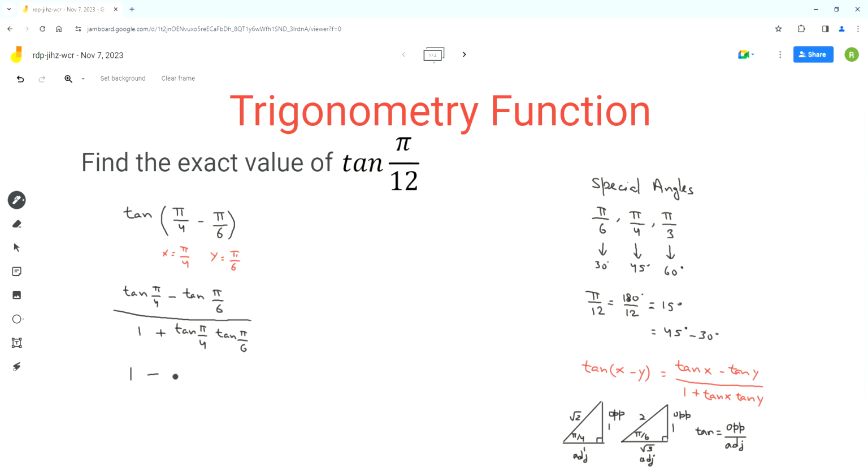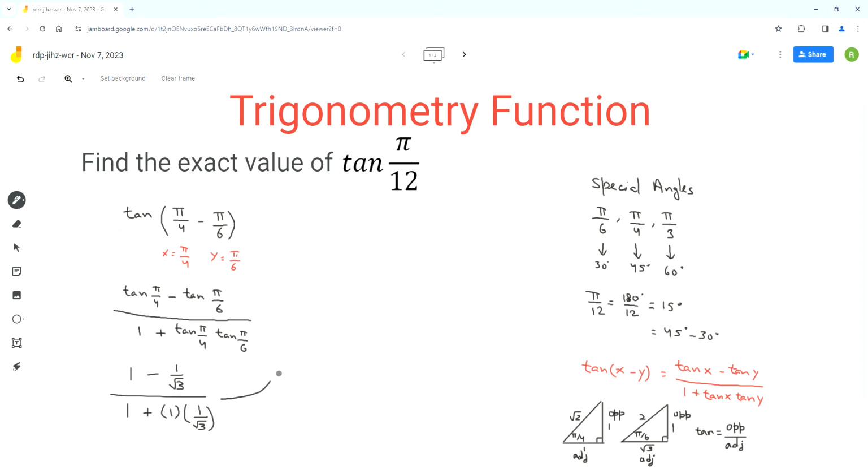So 1 over square root of 3, over 1 plus tan pi over 4, which is 1, times 1 over square root of 3. Now we can simplify this expression.